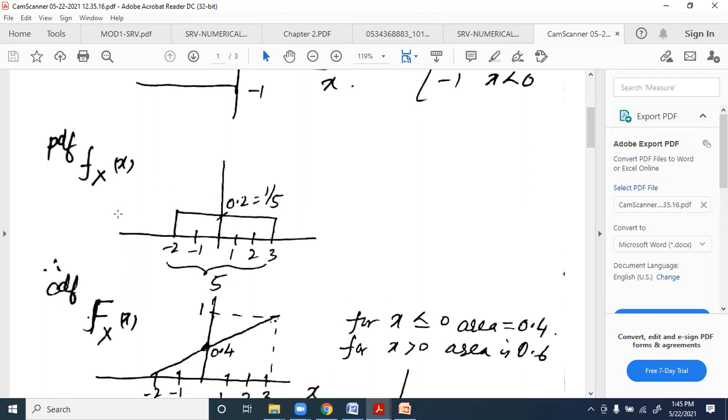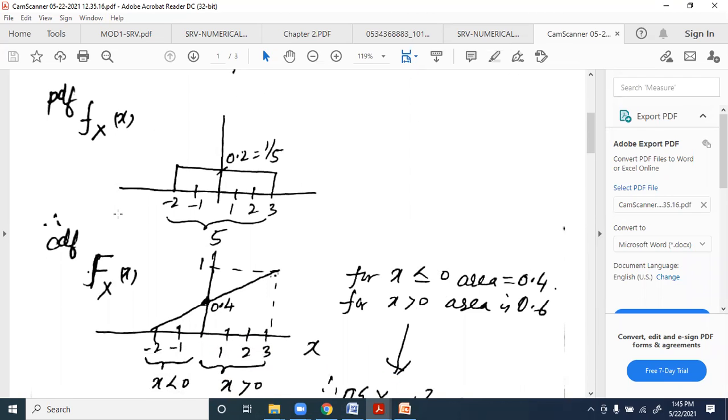Once we know the PDF, we can write the CDF, that is F_X(x) for the x random variable. Because the PDF is constant, the value of the CDF will slowly increase from -2. At -2 it will be 0, slowly it will increase, and at 3 it will be equal to 1, because if you integrate this, you will get this value.